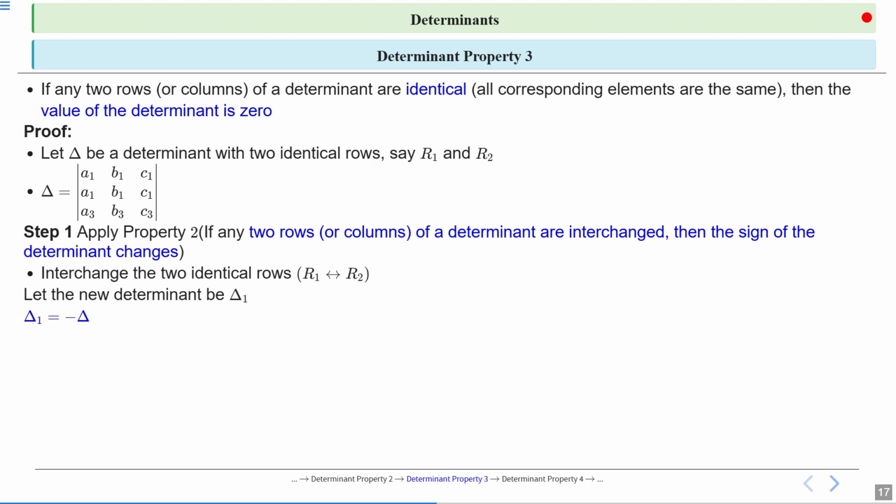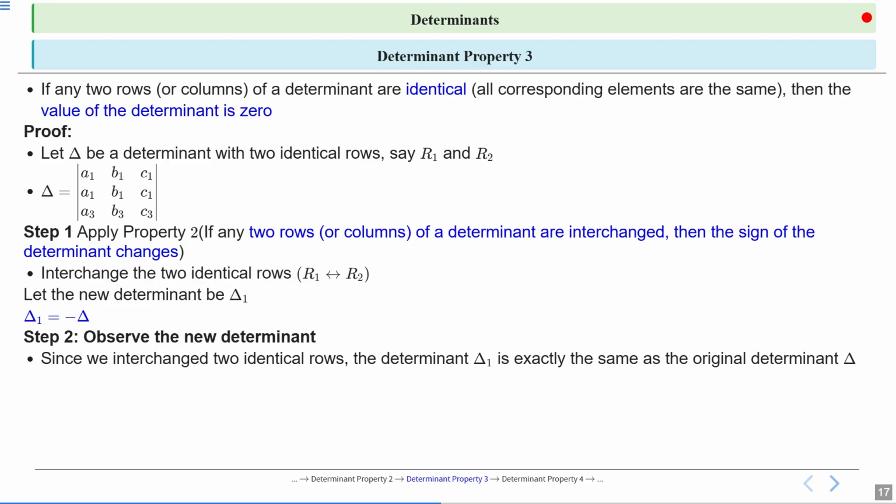So it doesn't matter how many times we interchange this, we get exactly the same determinant. So when we observe the new determinant, since we interchanged 2 identical rows, delta 1 is exactly the same as the original one, as I already mentioned. So delta 1 is equal to delta.